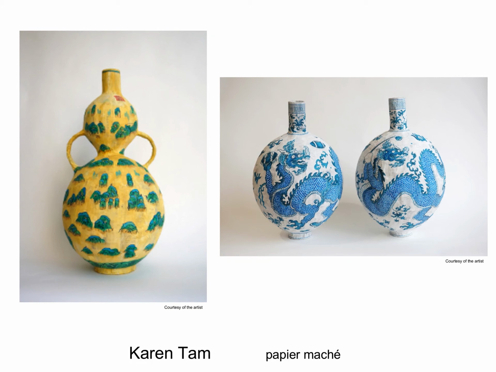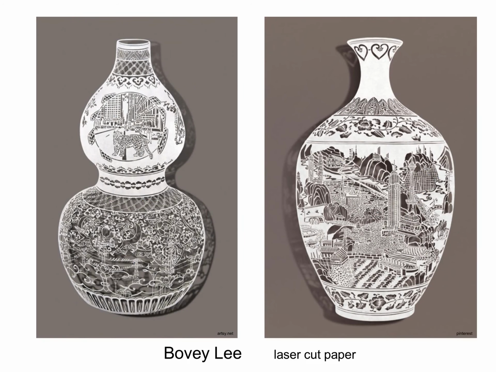people use those forms. Here we have examples of a mixture of Greek classical aesthetics with Asian classical aesthetics reinterpreted through a very personal contemporary sensibility, but made with papier-mâché. Or those examples here with laser cut paper.